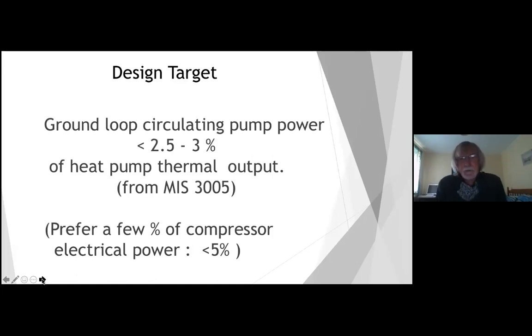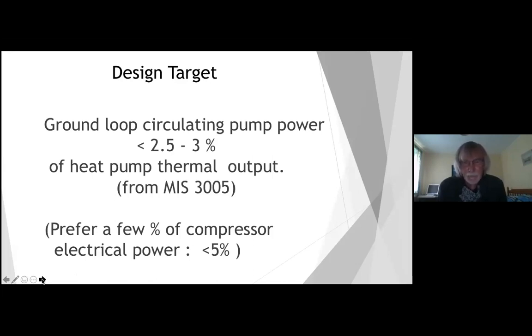The first thing you have to do as the designer is to set yourself some kind of design target for what the pump power is going to be. In MCS, I think it started as 2.5 to 3% of the thermal output of the heat pump is what your electrical circulating pump power should be.